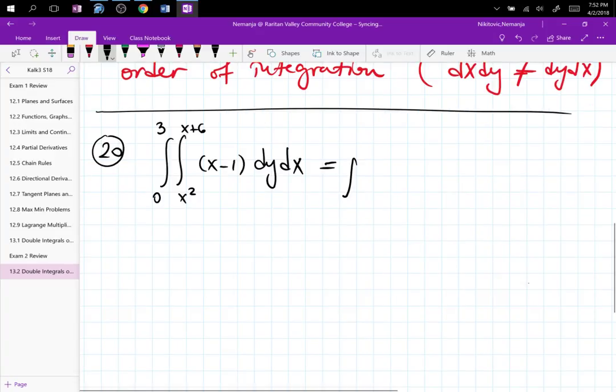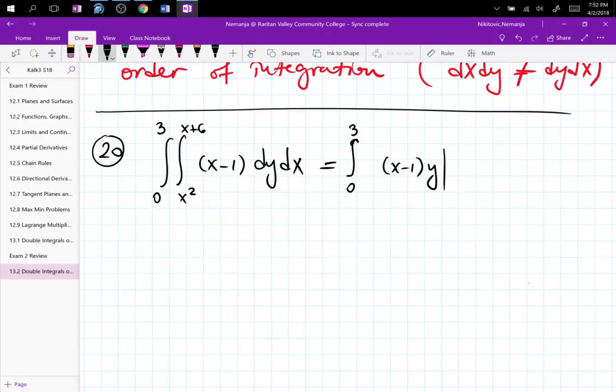So the 0 to 3 integral gets copied because I'm not doing that one yet. The integral with respect to y: x minus 1 is a constant, so we just pick up y, and that's going to be computed between x squared and x plus 6, and we still have dx for the first integral.